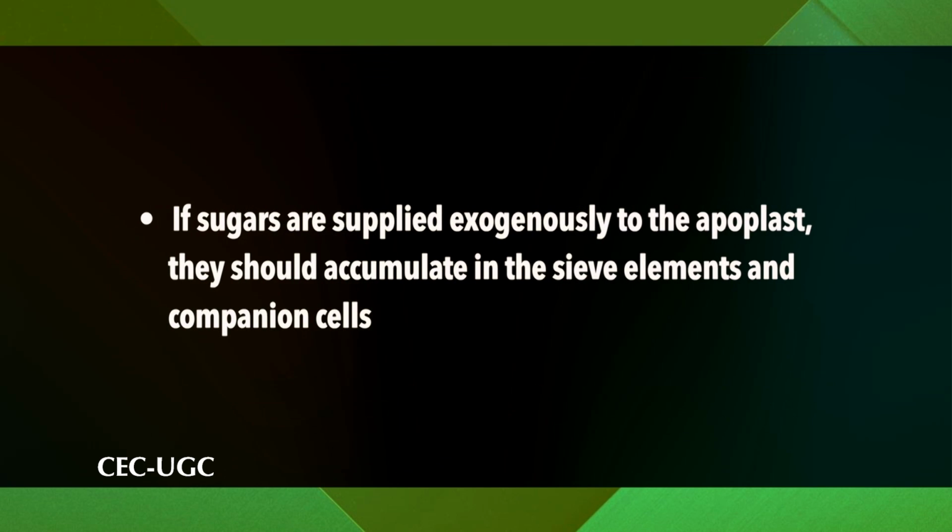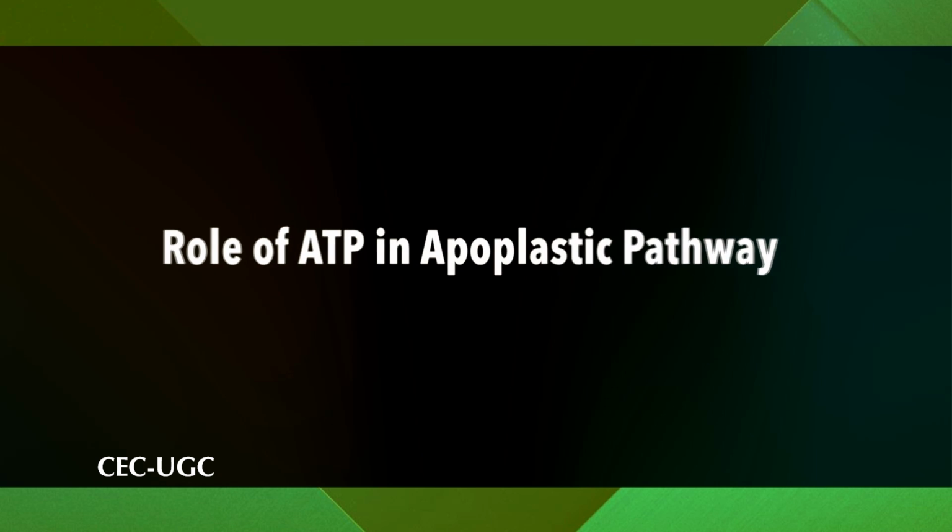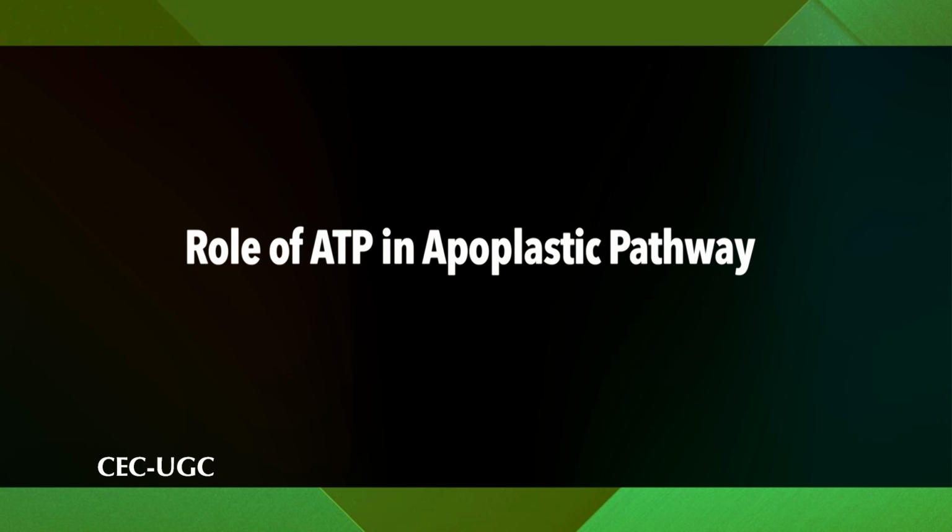Number 2, if sugars are supplied exogenously to the apoplast, they should accumulate in the sieve elements and companion cells. Number 3, export of photosynthate from the leaf to the sink should stop if uptake of the sugars from apoplast is inhibited. Let's see now the role of ATP in apoplastic pathway.